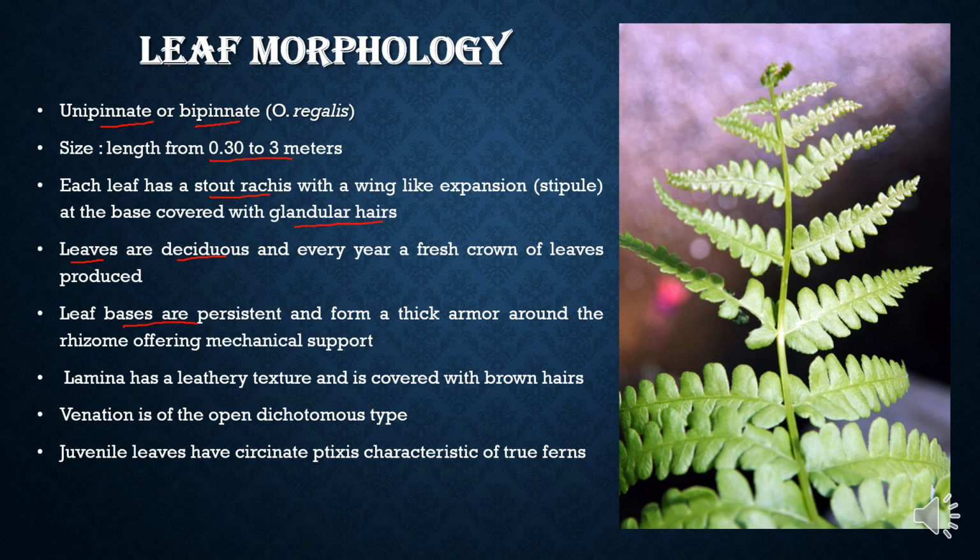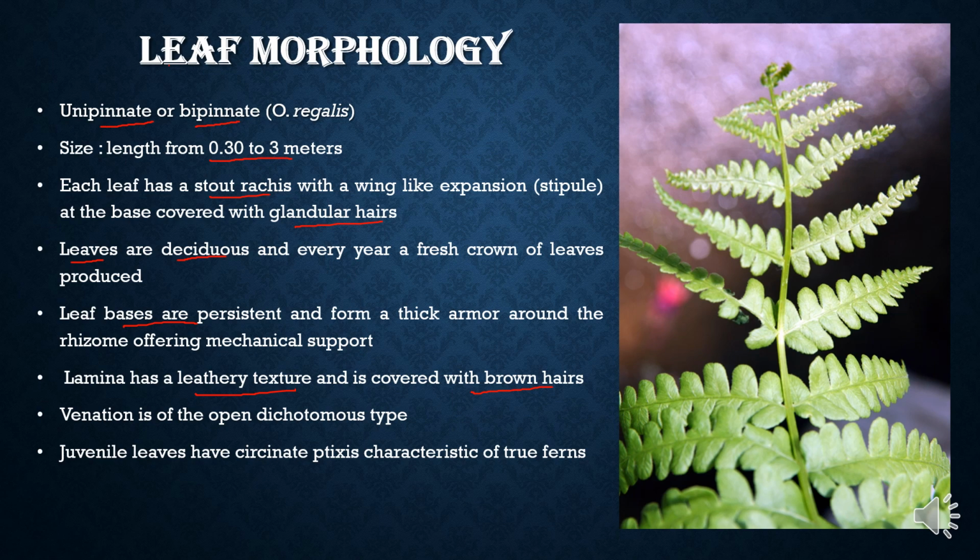So the leaf bases, which are persistent, form a mechanical support around the rhizome. And the pinna of the sterile leaf are very leathery in texture and are also covered by brown hair, just like the rachis.